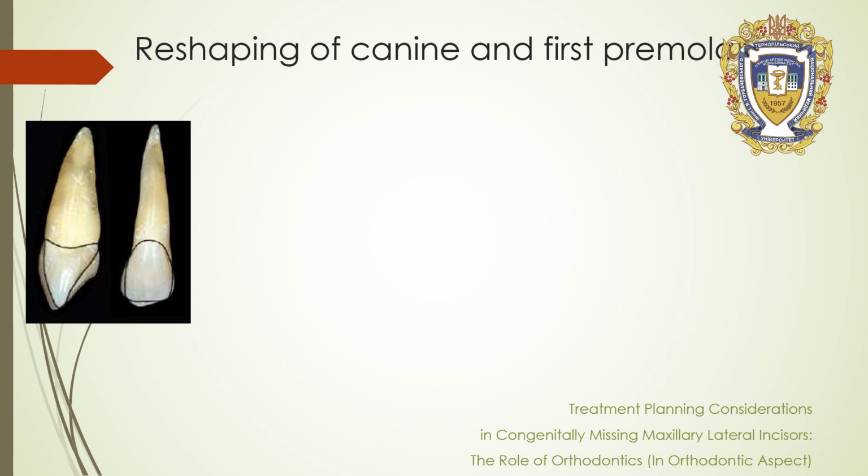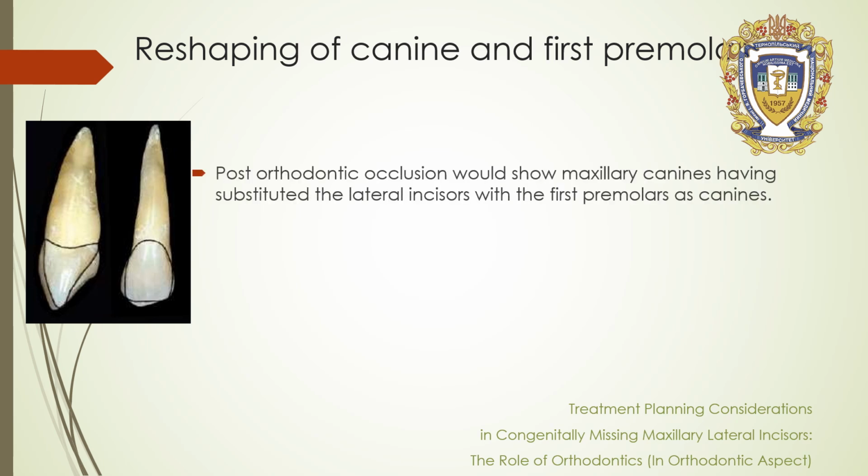And then we need to do reshaping of the canine and first premolar. We need to reshape the canine like a lateral incisor and the first premolar like a canine. Post-orthodontic occlusion would show maxillary canines having substituted the lateral incisors, with the first premolars as canines.